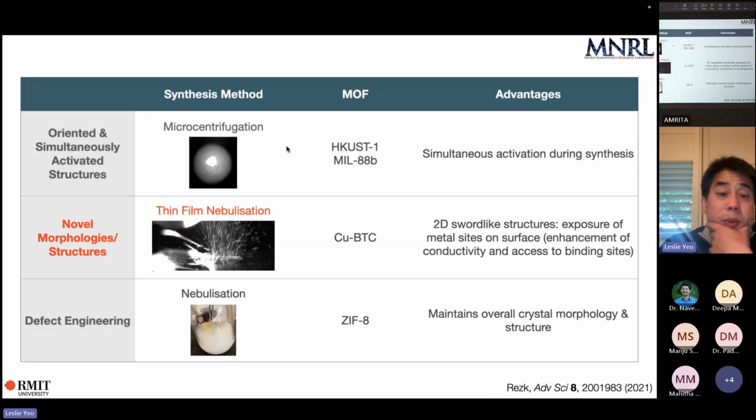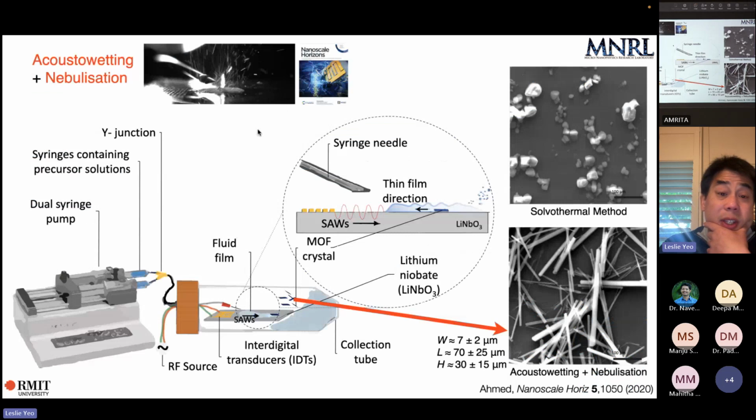If we nebulize, we can also get, in this case with the same precursors, copper and BTC, to make H-cast. But in this case, if we nebulize, we don't get the conventional H-cast, right? The cubic structures that H-cast is known for.